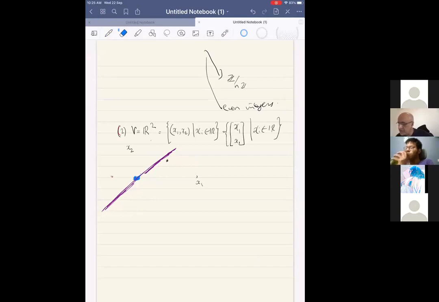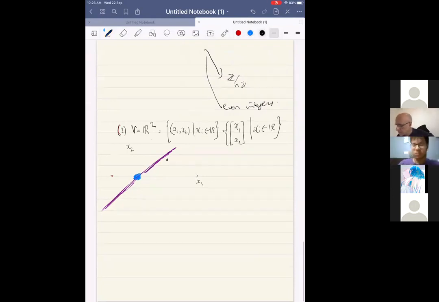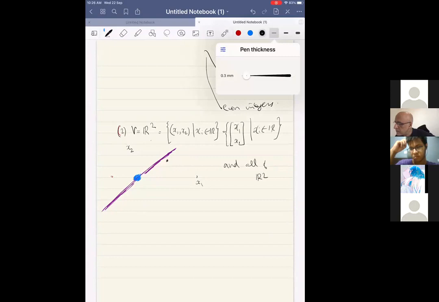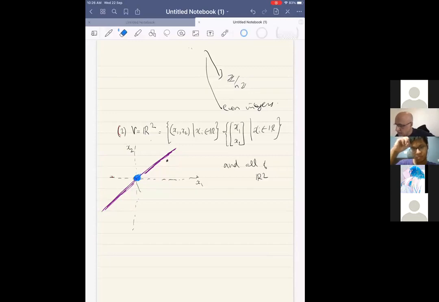Let me draw the axes again and remove this point.